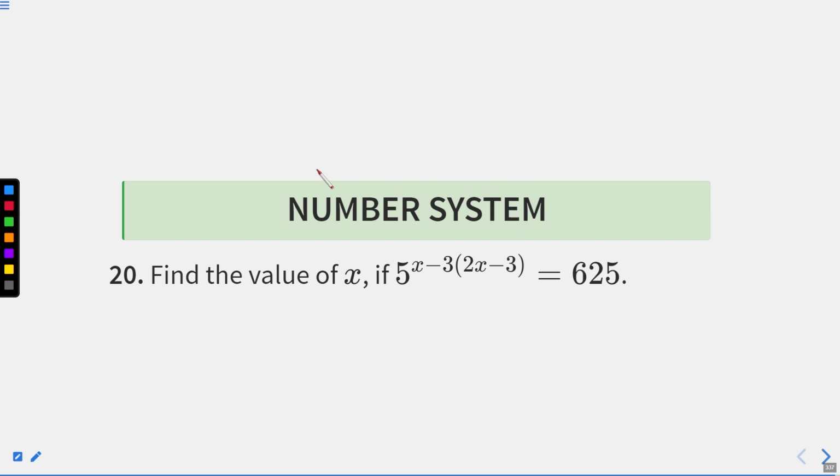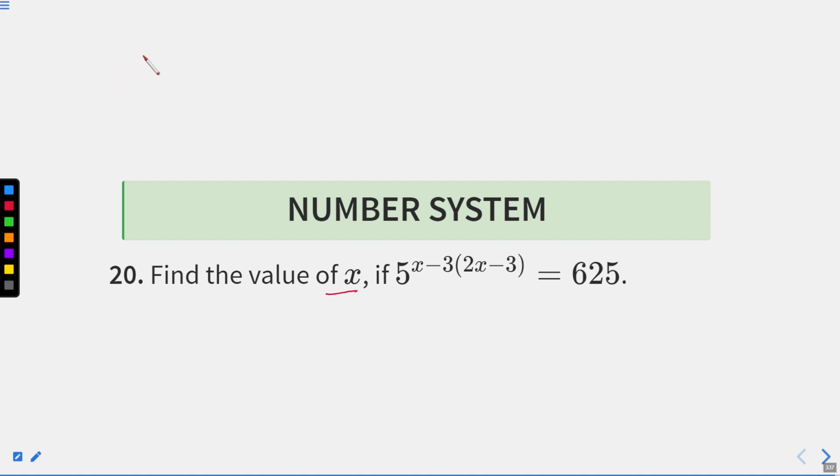Here the question asks for the value of x such that 5 raised to the power x minus 3, multiplied with 2x minus 3, is equal to 625. Now, how are we going to process this question?